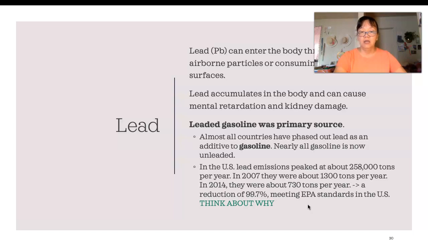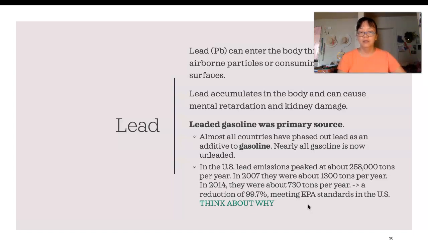Okay, so I think this is the last one, lead. Lead mainly was used in gasoline to prevent engine corrosion. Because it accumulates in the body and causes mental retardation, almost all countries have phased out lead as an additive to gasoline. Another source of contamination is paint. In old homes, there's still a lot of lead in the paint.